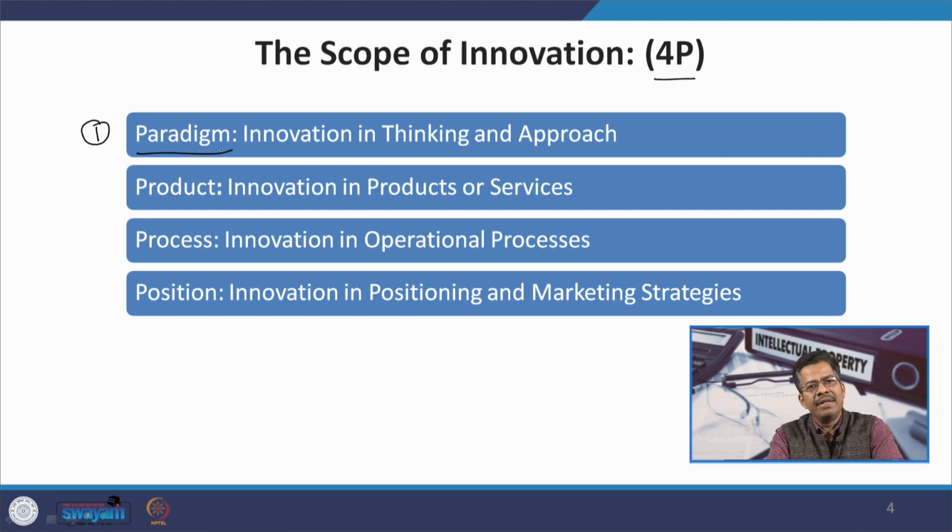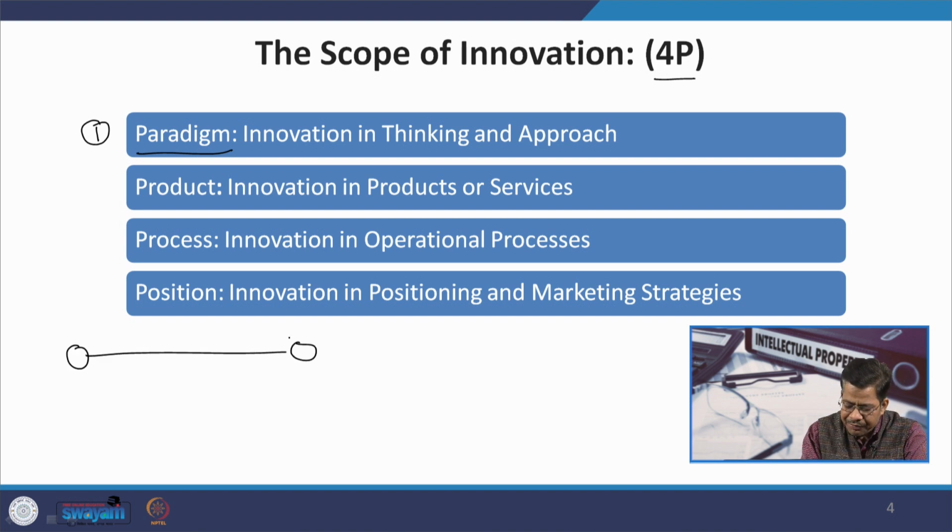Now, paradigm is innovation in thinking and approach. How are you thinking? Are you able to change your thought process or not? So, paradigm can be from this part to this part. This is our traditional way of thinking. This is innovative way of thinking.